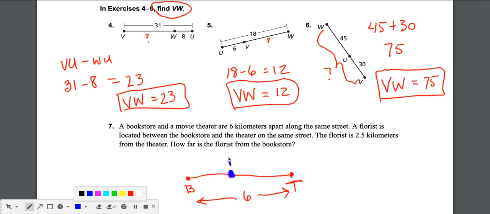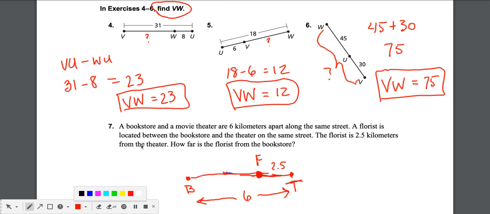Okay, let's call that F for florist. And it's 2.5 kilometers. Wait, the other direction, my bad. So here, let me erase this. Here, we'll just take that and put it over here. Okay, florist is located right there. We'll put an F on it. And this is actually going to be 2.5 kilometers right there then.